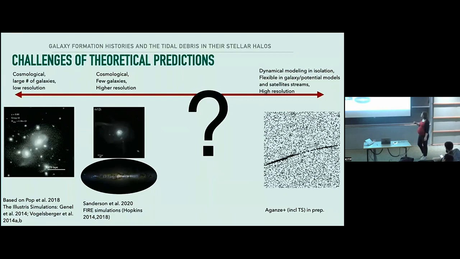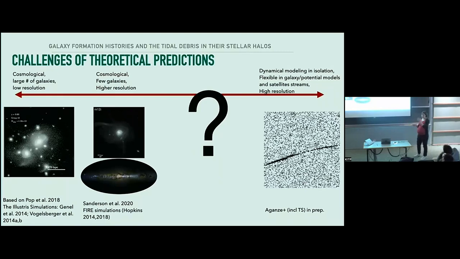So very high resolution. That's often used for the modeling of stellar streams. And there is a space in between where you'd like to optimize the flexibility of your models and the size of your data set, but still get a reasonable resolution and a reasonable sample size.